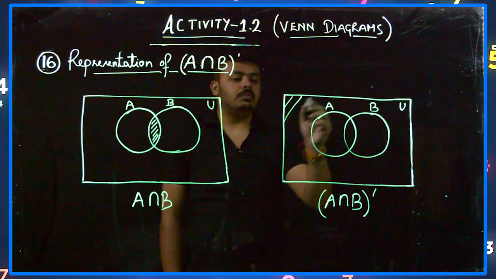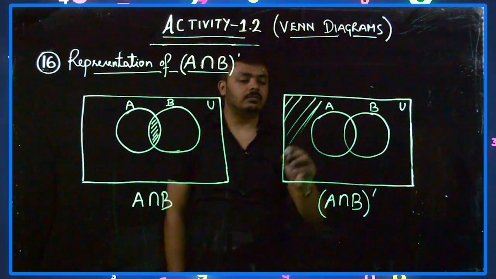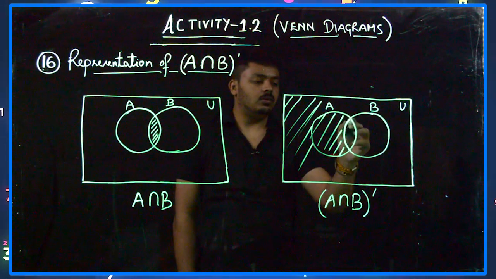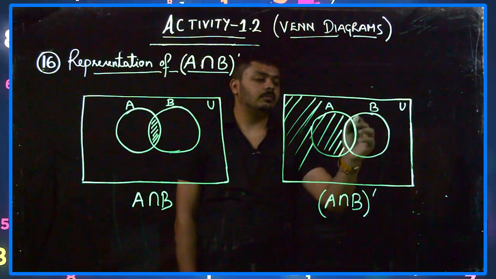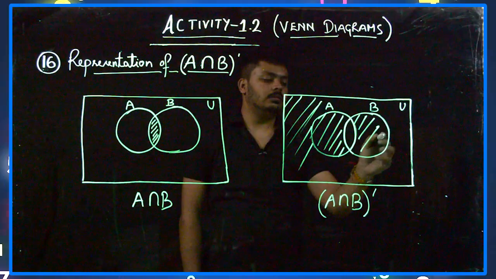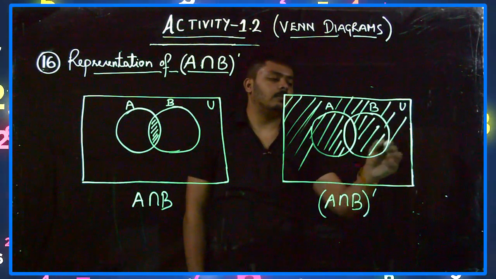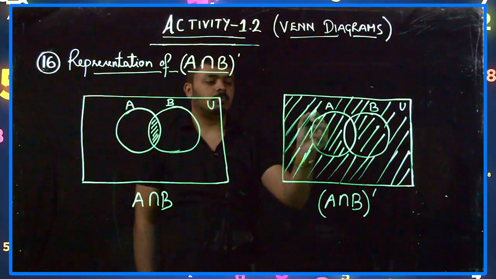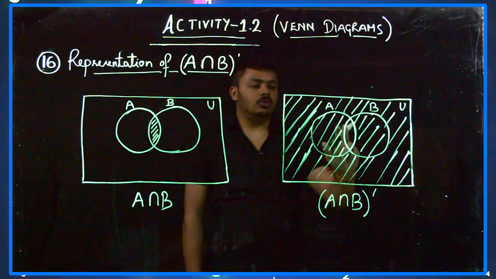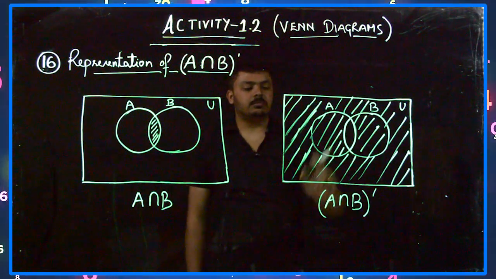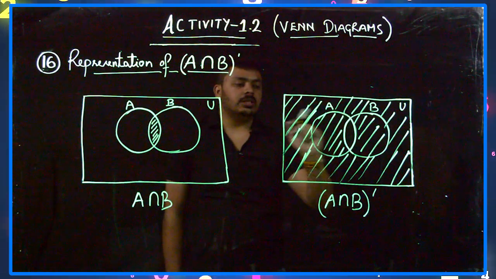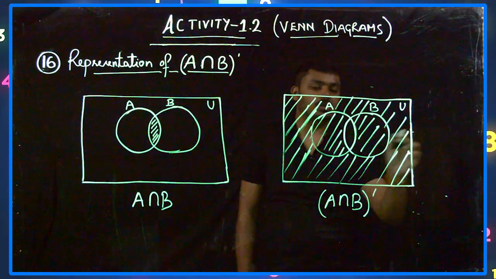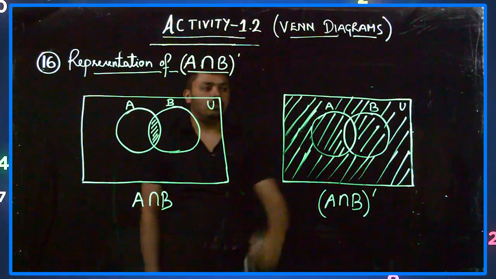That is, all the elements of the universal set except the common elements between A and B. So the shaded part represents A intersection B complement.